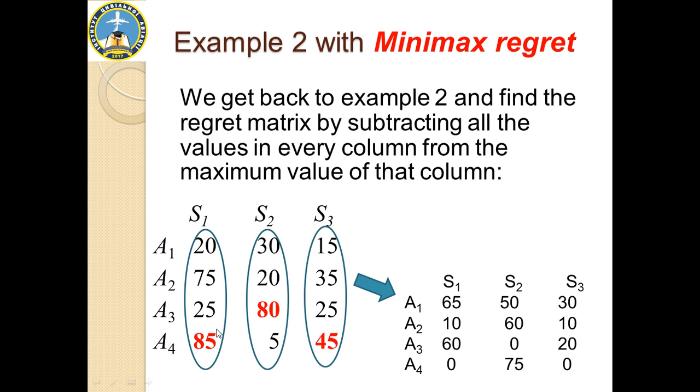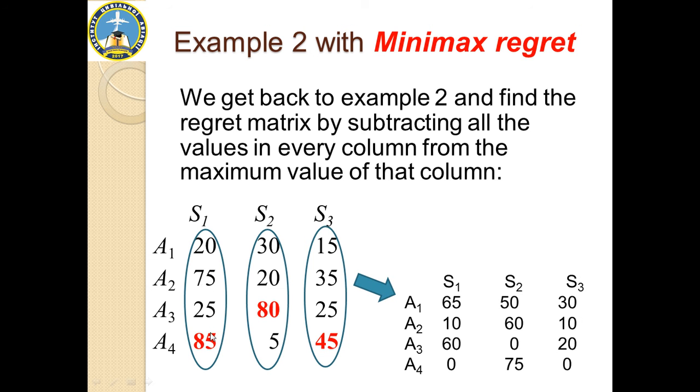So we get 60. Regret of 60. But if we pick the A sub 2 option instead of A4, we get regret of 10. So we reduce our expected payoff only by 10 points. So by coming from this 85 to this 75 payoff, we have the regret of 10.